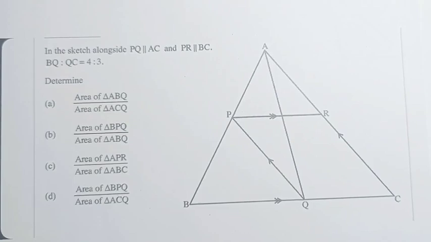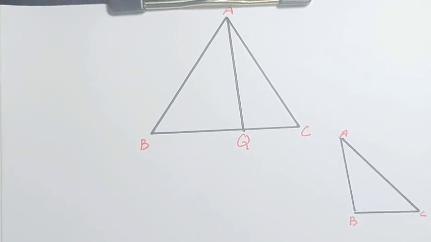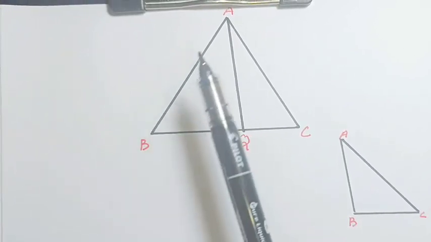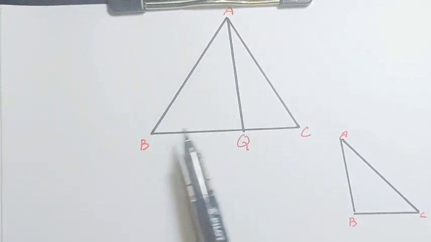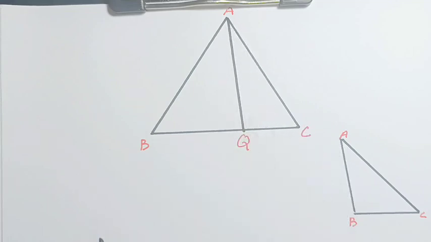Now we need to find the same perpendicular height. This is the first type, same perpendicular height. So we draw exactly the same triangle here, A, B, C, and obviously AQC as well. We need to find the ratio of the areas of these two triangles.